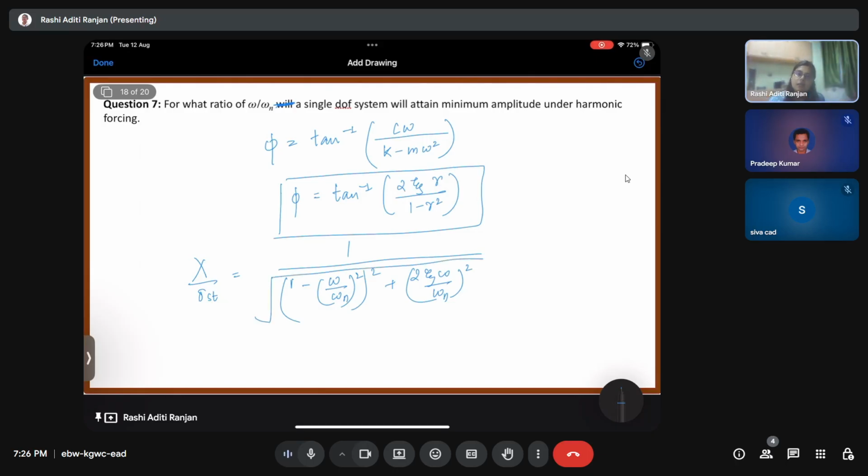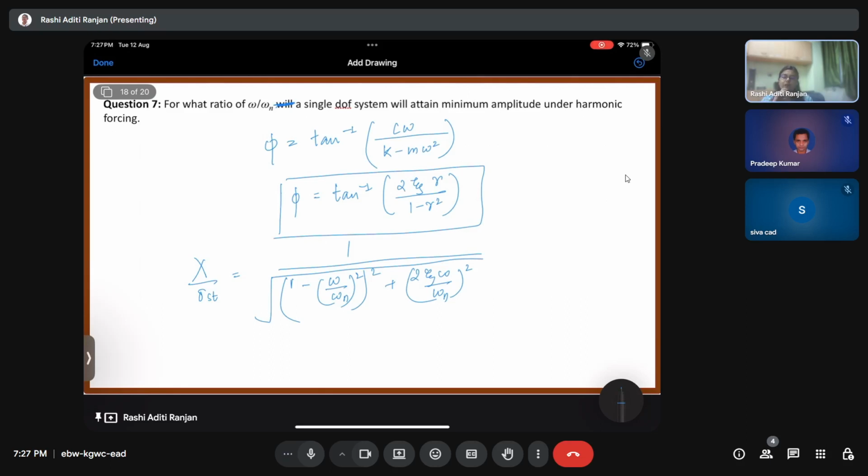We have to find out the minimum amplitude. Now see, this X by delta st is the ratio of the amplitude divided by the static deflection. So static deflection is not going to change. What is going to change? X. X will depend upon what? Omega and eta. The natural frequency of the system is not going to change. Only omega and eta values are going to change.